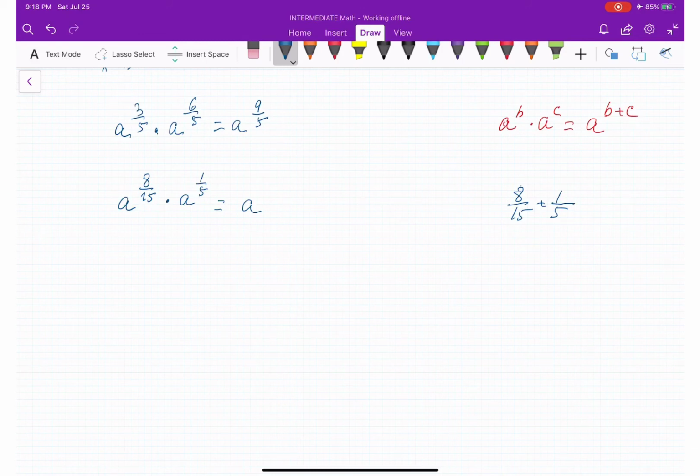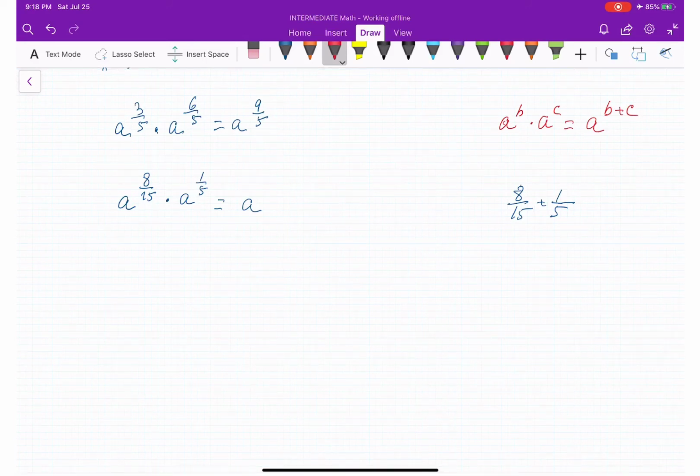Again, if you need to learn common denominator, open my video GCD LCM. Common denominator is going to be 15, right? Because 15 you can divide by 15, 5 you can divide by 5. So this will be times 3, and we will get 8 over 15 plus 3 over 15. And the answer will be 8 plus 3, it's going to be 11 over 15.